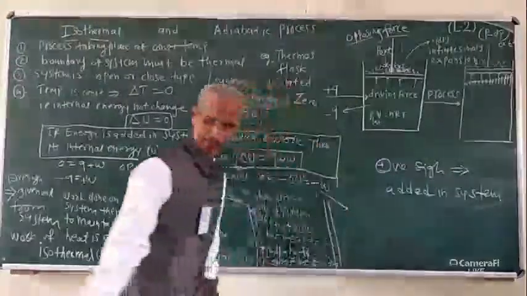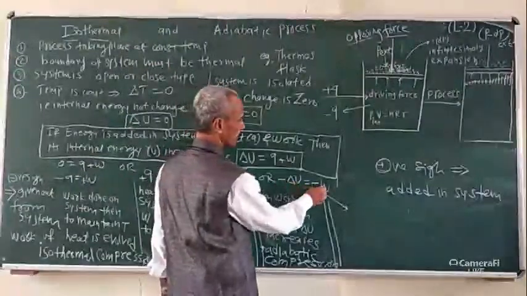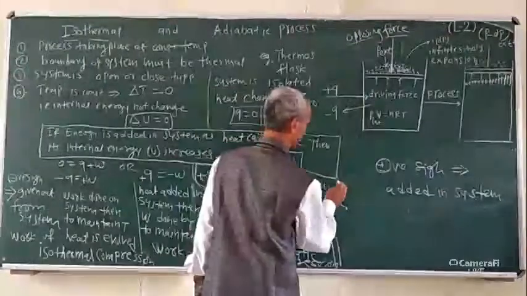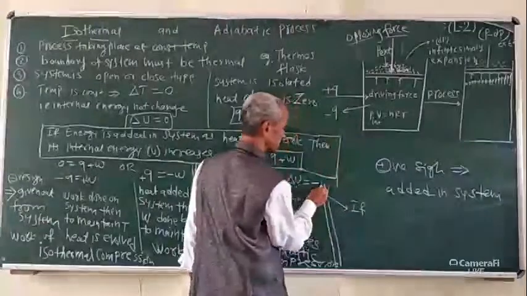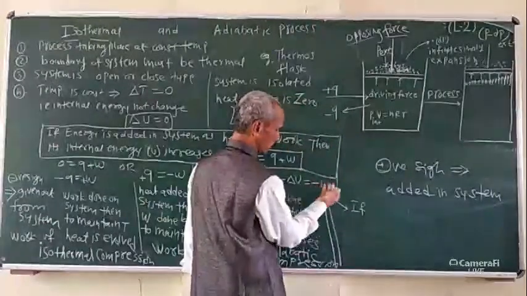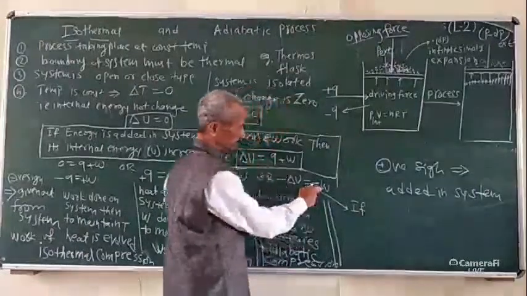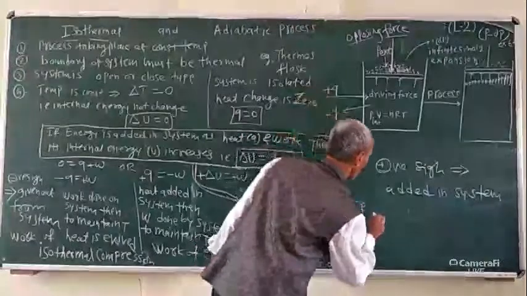And one more term here, minus delta U or minus W. That means the minus sign is given out. So here, if work is done by the system, because to do the work heat energy is utilized, the energy of the system decreases.